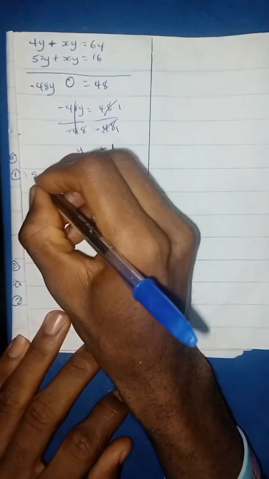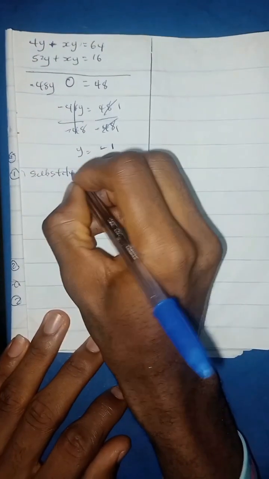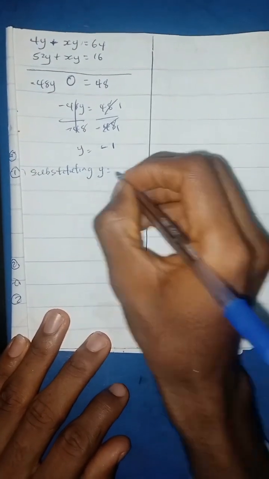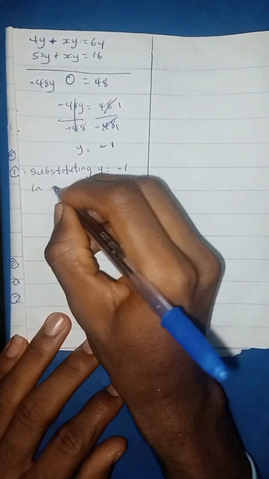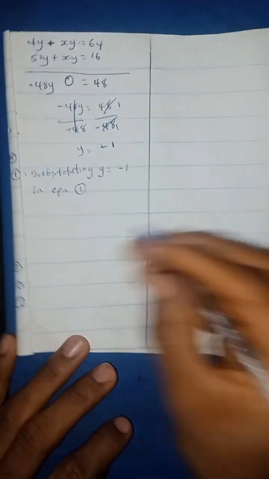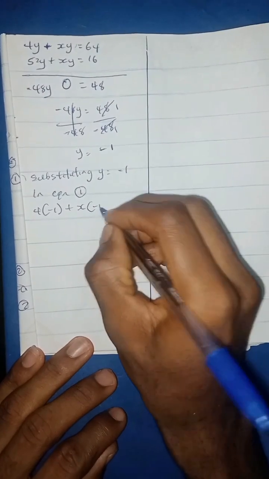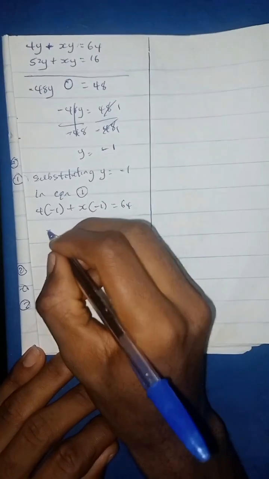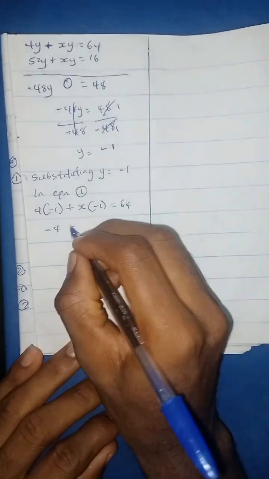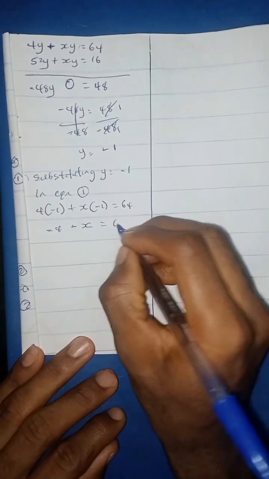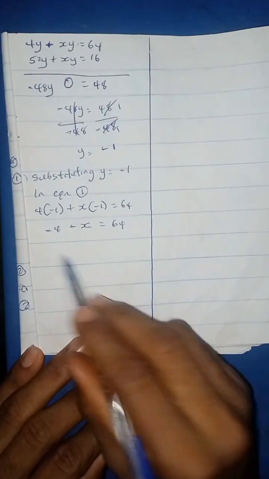Alright, so substituting y is equal to minus 1 in equation 1, we're having 4 bracket minus 1 plus x bracket minus 1 is equal to 64. This is now minus 4 minus x is equal to 64. Alright, this one goes to the other side.